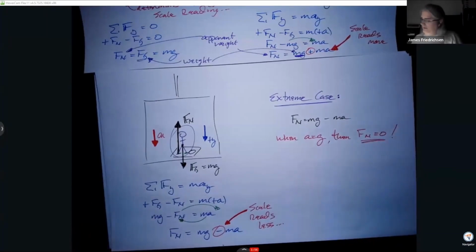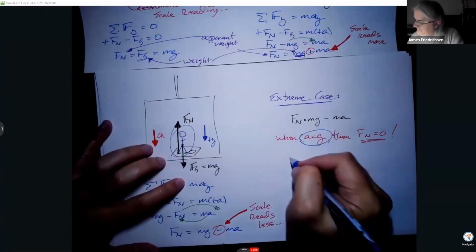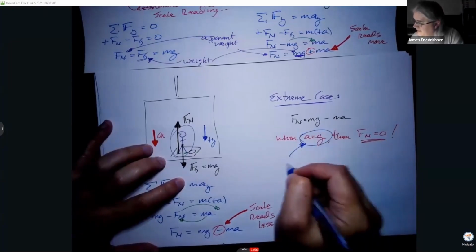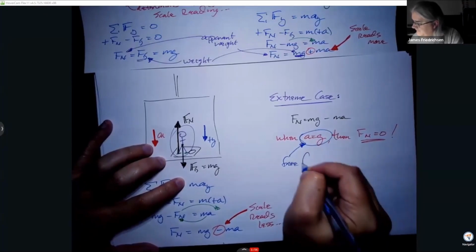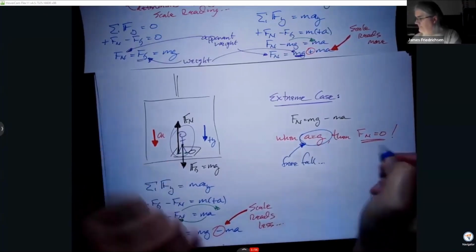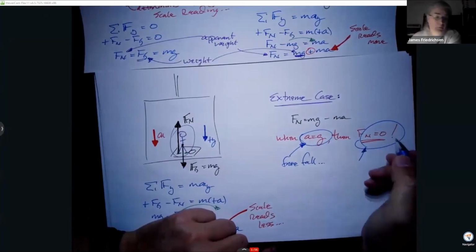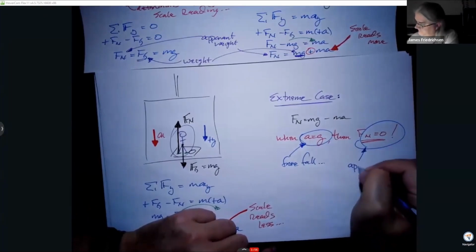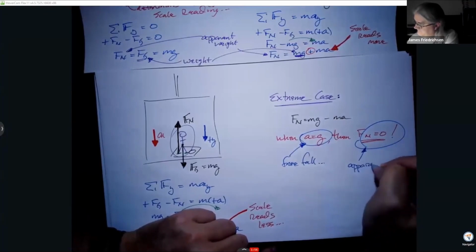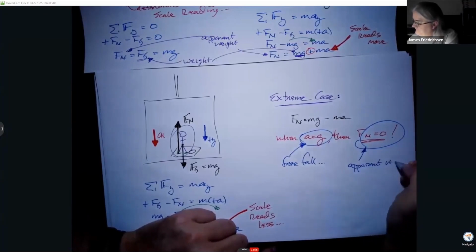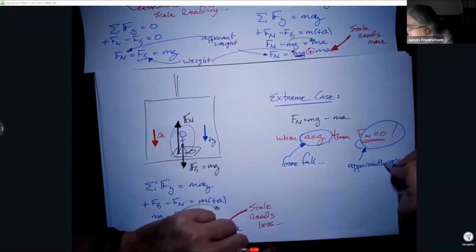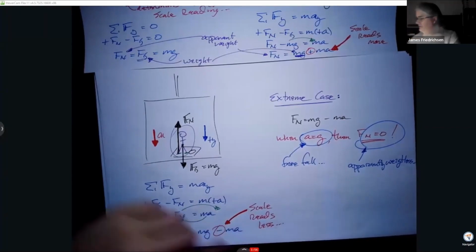And so when a is g, this is when you're in free fall. And when the normal force is 0, this is my apparent weight. Then I guess you would say that you're apparently weightless at that stage.